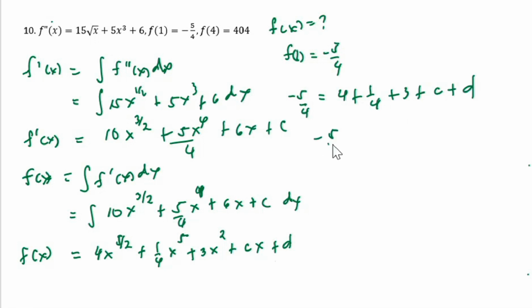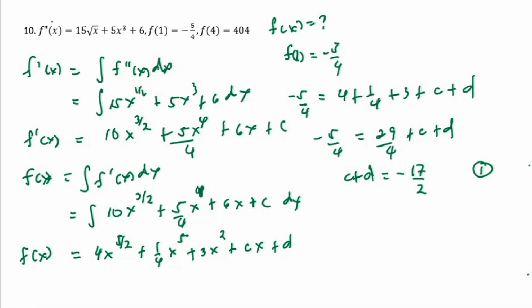So the right-hand side now will give us 29 over 4 plus c plus d. Or we have now c plus d is equal to negative 17 over 2. And I will name this one as our equation number 1.